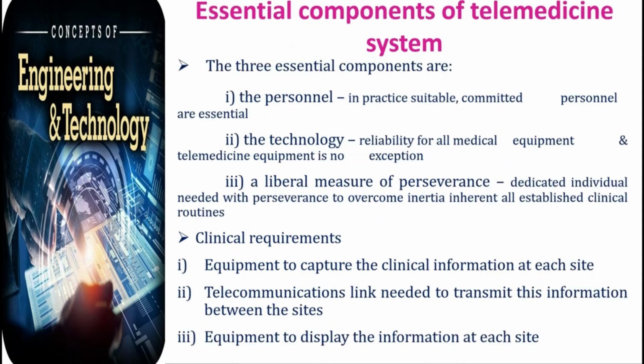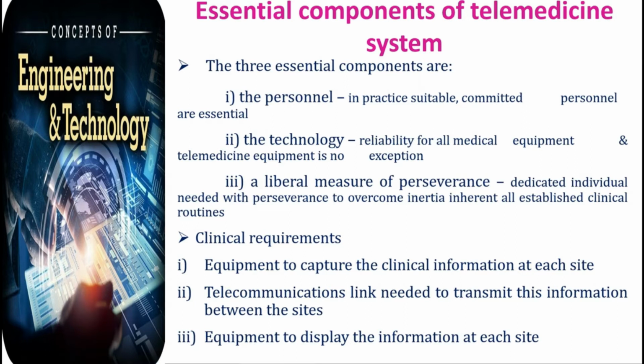When you talk about telemedicine, we need some essential components which are very important in a telemedicine system. There are three essential components. We need to understand about the personnel, and we need to understand about the technology. These two are very important.